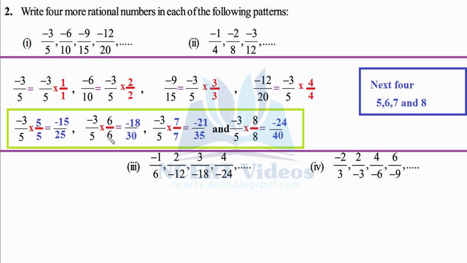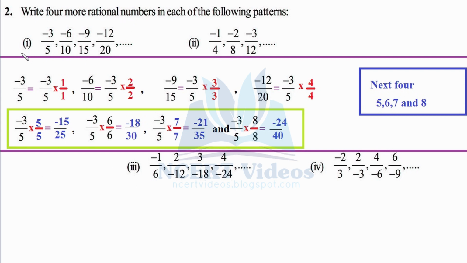Another is by multiplying with 6 on both numerator and denominator: 6 3s are 18 with minus sign, 6 5s are 30. Now with 7, 7 3s are 21, with minus sign, 7 5s are 35. The last one by 8: 8 3s are 24, and there is a minus sign, so minus 24, 8 5s are 40. So these are the 4 required rational numbers.